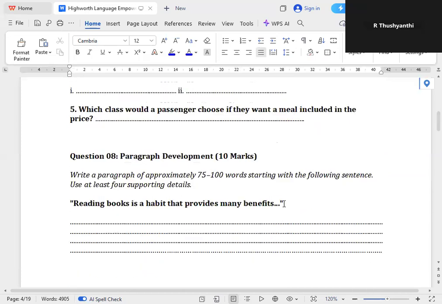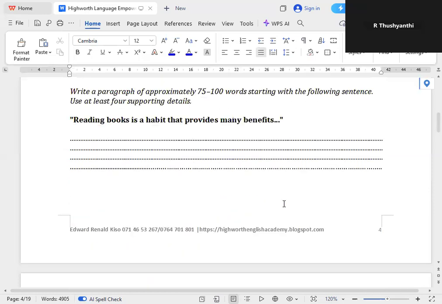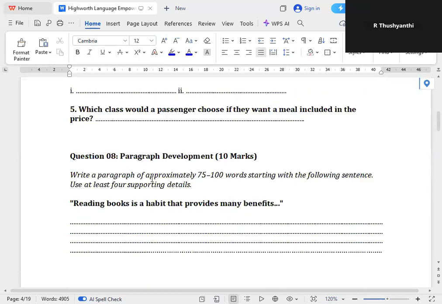Then the 8th question, the last one of the first paper, you have to write a paragraph consisting of 75 to 100 words. You have to keep your word limit within that number and write one paragraph. You are not going to write several paragraphs.